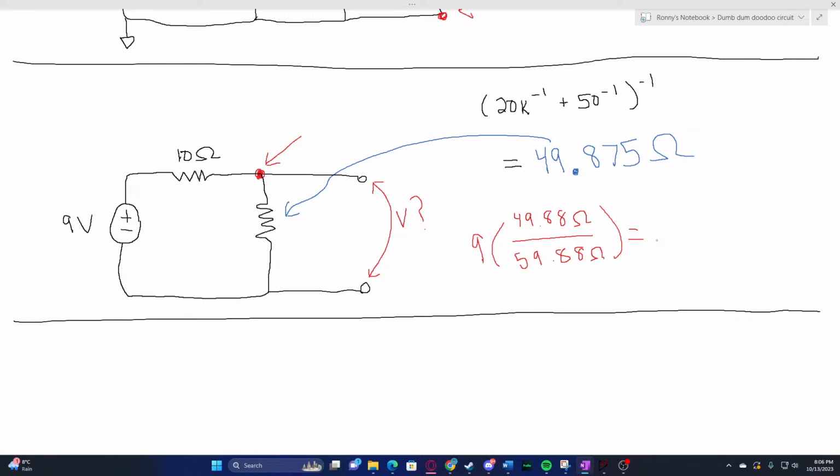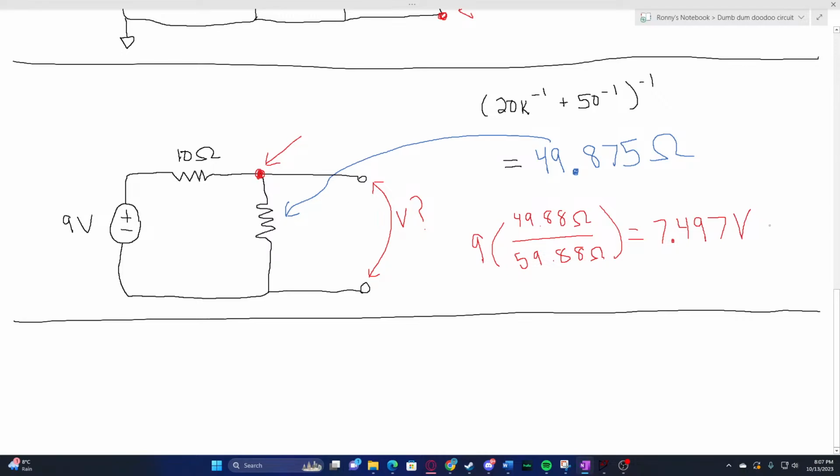We add 10, so 59.8753. 49 divided by the 59 gives me about 0.833. I multiply that by 9, and I get a little under 7.5 this time: 7.497 volts.